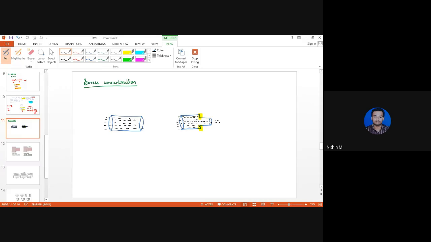The water molecules cannot cross this boundary, so they will try to accumulate in this vicinity, thereby increasing the concentration of the fluid whenever there is a change in cross section.